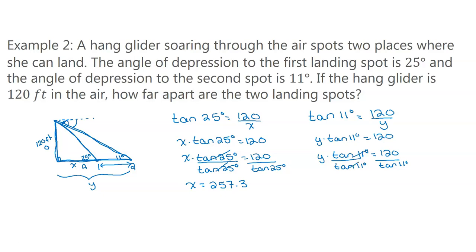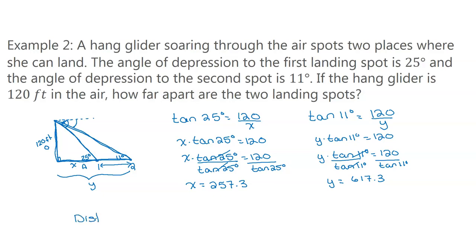This time I'll divide 120 by tan 11, and this time I get 617.3. So now, to determine how far apart they are, I will subtract these two numbers.